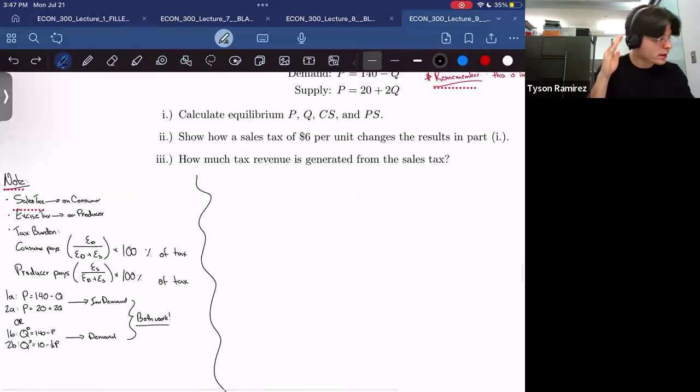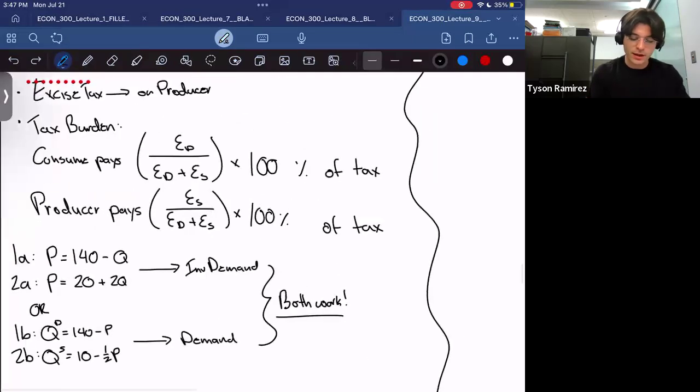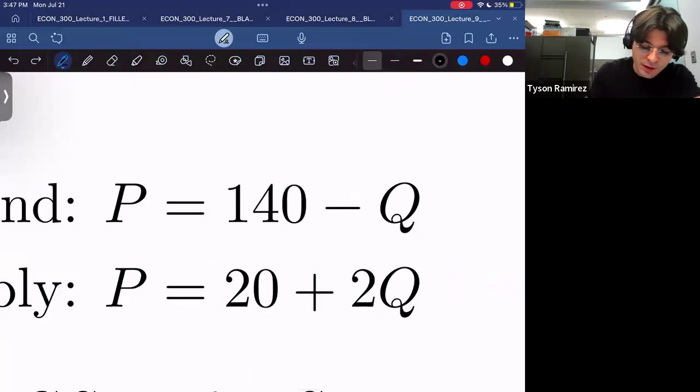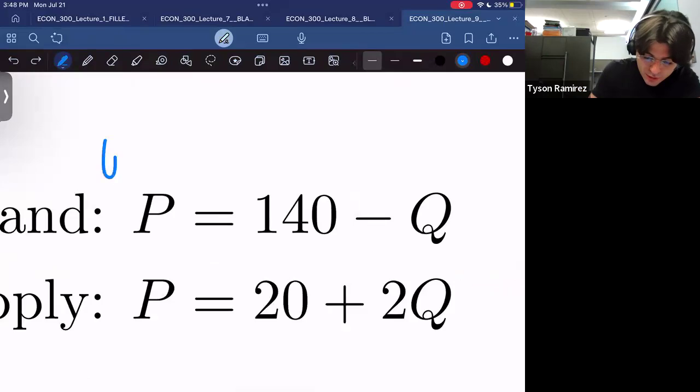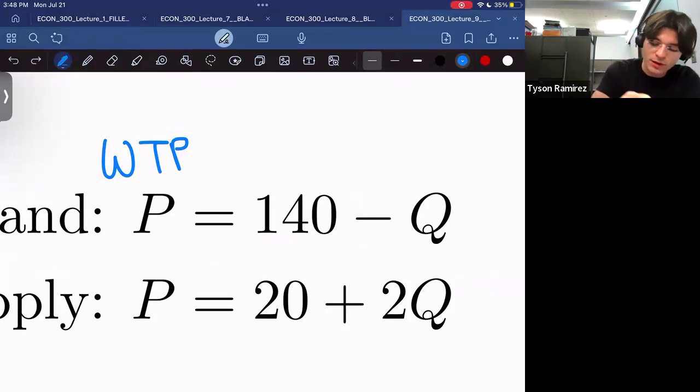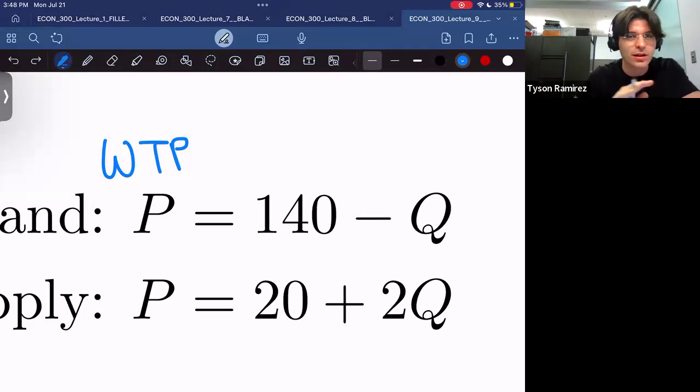So with those two things in mind, as a last thing that I wanted to say, another interpretation is remember demand is willingness to pay. So consumers are willing to pay 140 minus however many things are available. So their willingness to pay is highest when there's the least amount of things. If there's one or even zero, they're willing to pay a lot of money. But if there's a whole lot of stuff to go around, they're not willing to pay that much.